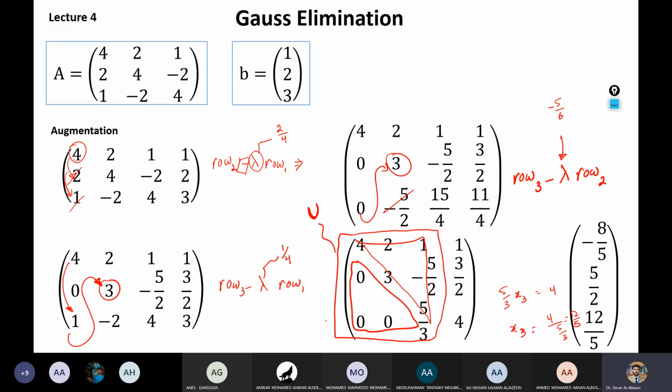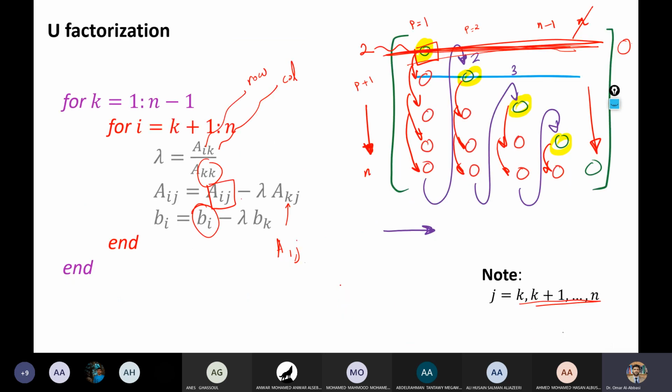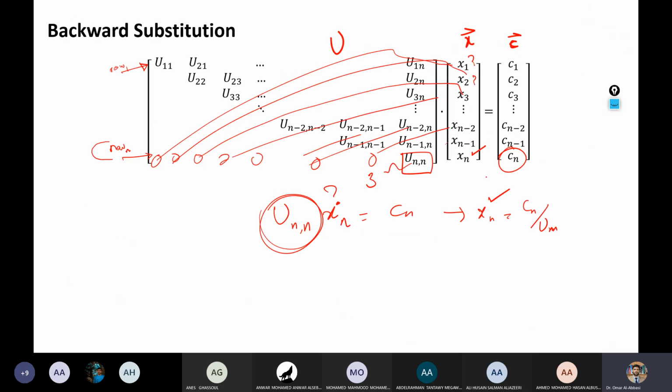Now we need to move up. So xn is known. What shall I do next? I need to move to the next row.